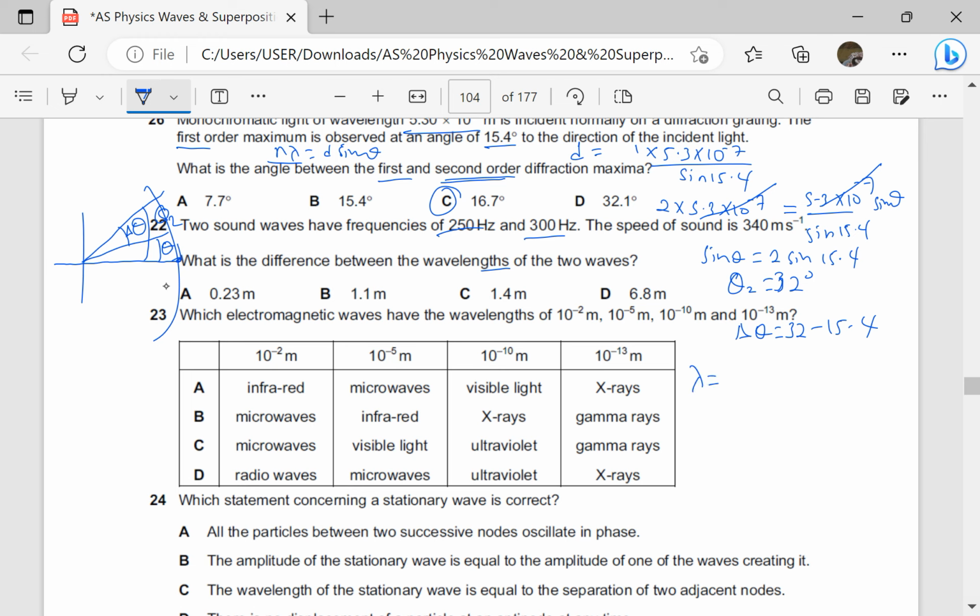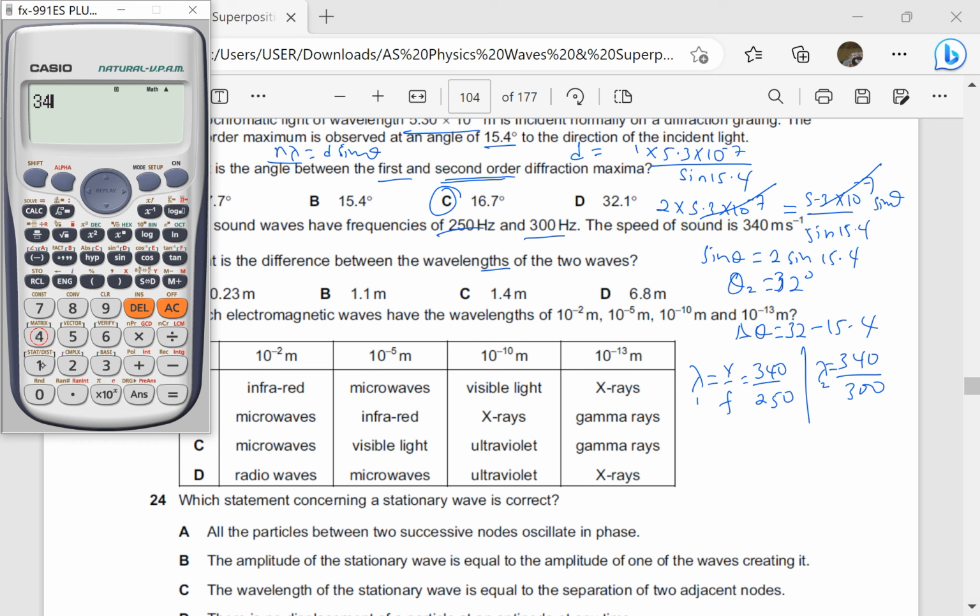For the first one, remember wavelength is going to be v over frequency f. For the first one, it is going to be 340 divided by f, which is 250. For the second one, it is going to be 340 divided by f, which is 300. Then we find the difference.